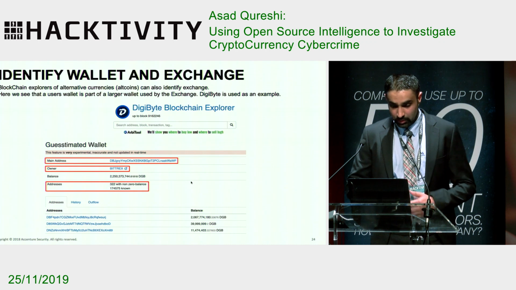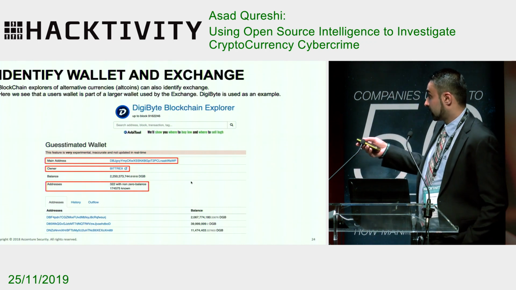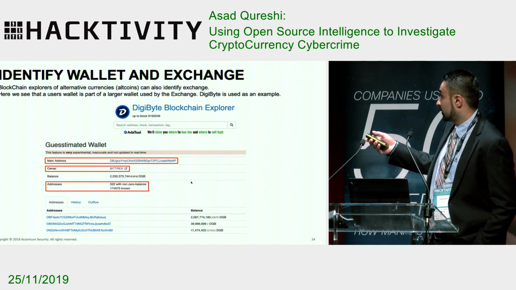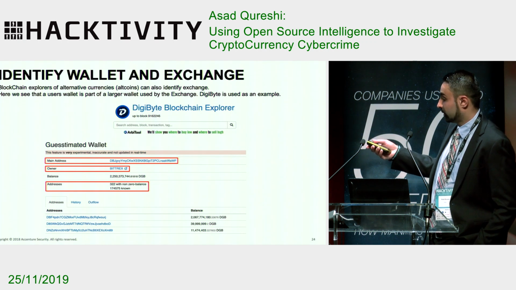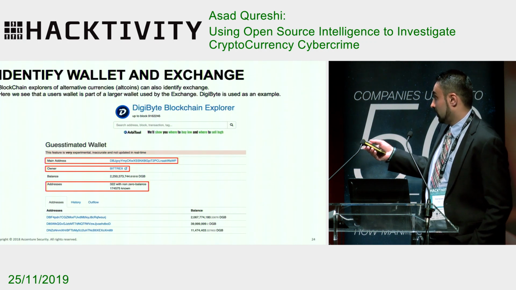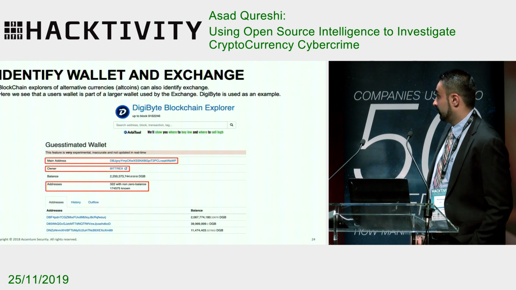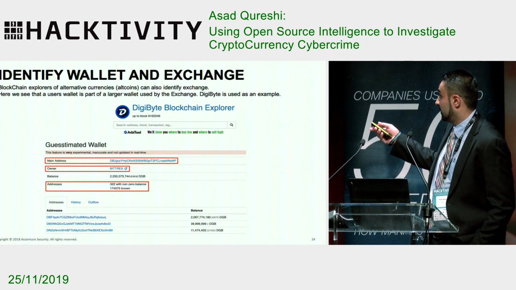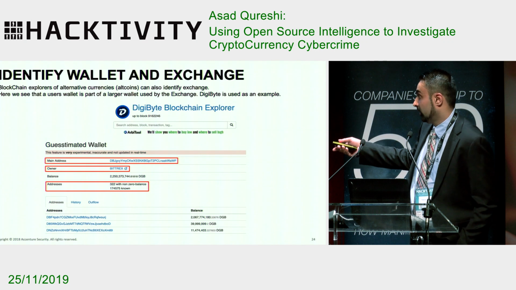Okay. We also have altcoins, which are other coins or cryptocurrencies. One of them is Digibyte, used as an example only.